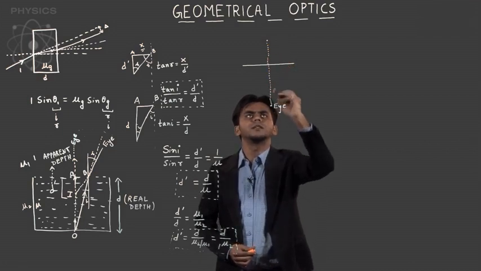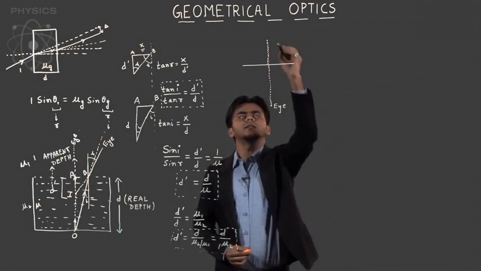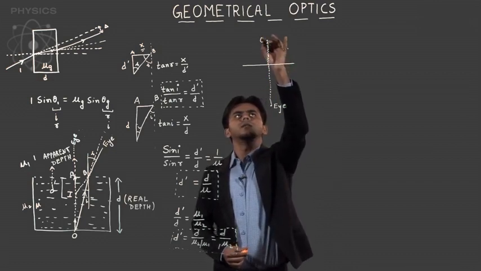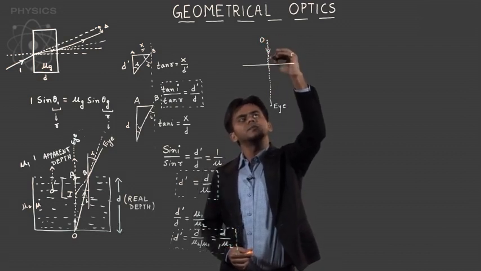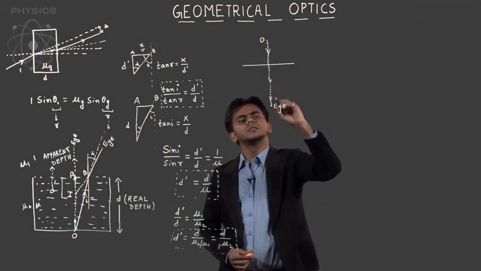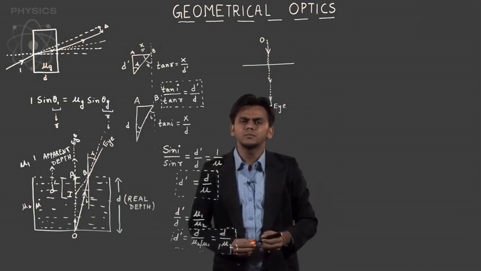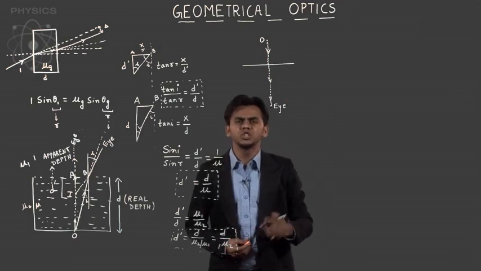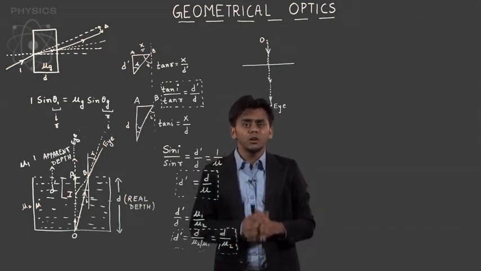Take it as a straight line. I know it's not looking like a straight line, but just take it as a straight line. A ray of light following this path would go unrefracted, reach the eye like this. So I would think that the ray is coming from here. No change in your object image positions. So everything is fine.